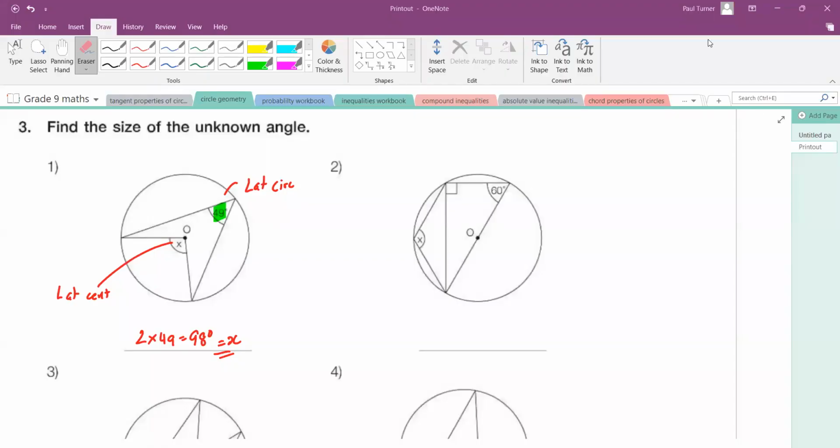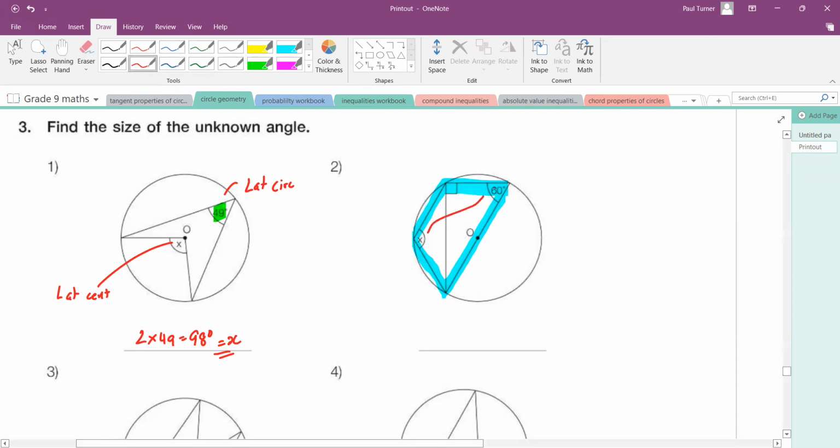So in this question, we want to find angle X. And what I notice is I've got a quadrilateral here. You see this quadrilateral? So I can calculate X directly from the 60 because I know the sum of my opposite angles in a cyclic quadrilateral will equal 180.